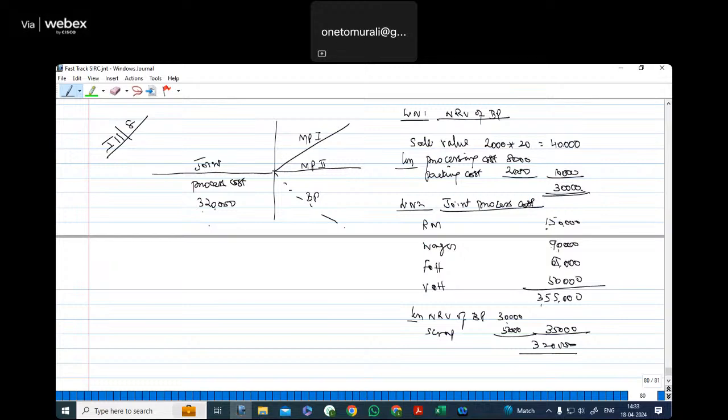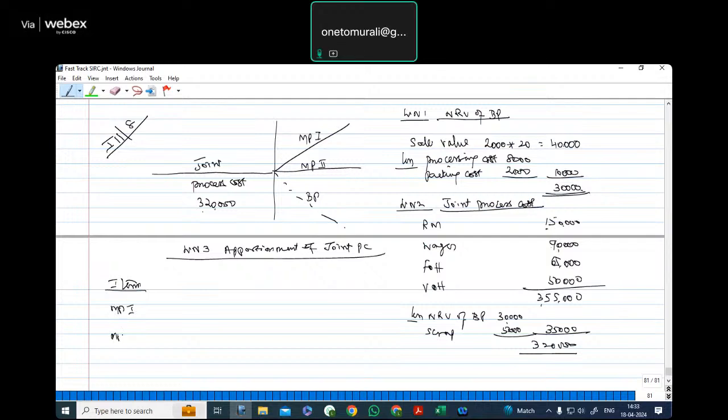So this 320,000 is to be apportioned between main product MP1 and MP2. So apportionment of joint process cost. So items are MP1 and MP2.